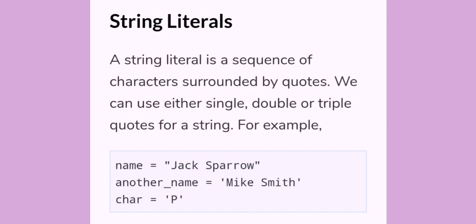For example, you can see here there are three variables which are stored. Name equal to Jack Sparrow, another variable name, and the string value is stored in this variable, Mike Smith and P. Here in the first example you can see the double quote, and the second one is the single quote.